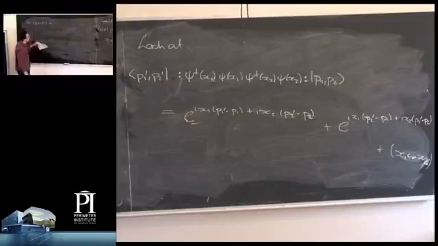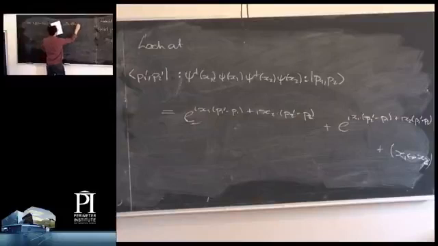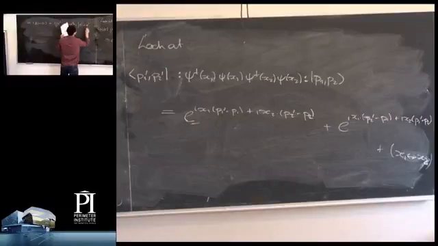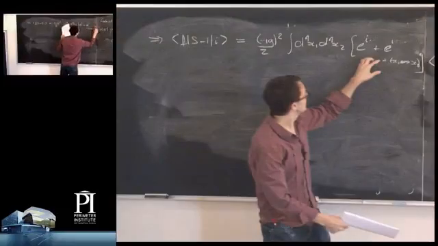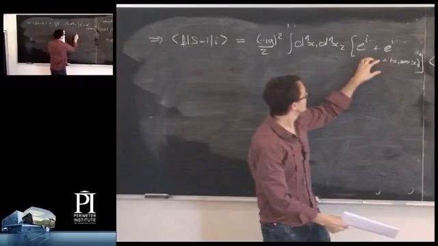So plugging all this in, if we compute the amplitude for this initial state to go to the final state at order g squared, what we get is minus i g squared over 2 times the integral over d4x of all of these exponentials plus the x1 minus x2, times by the propagator.